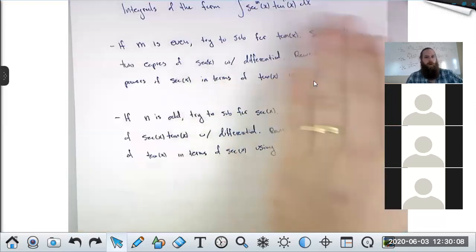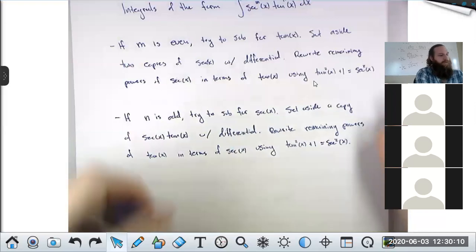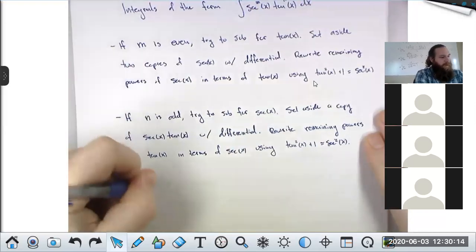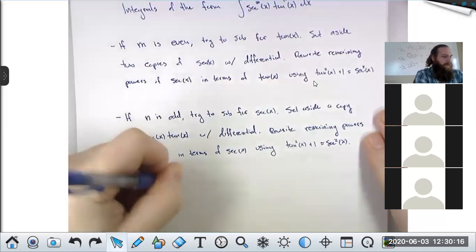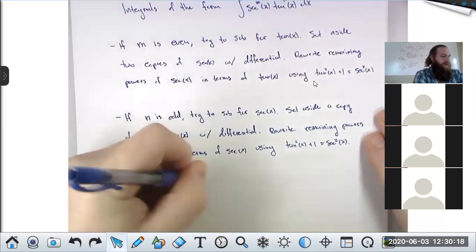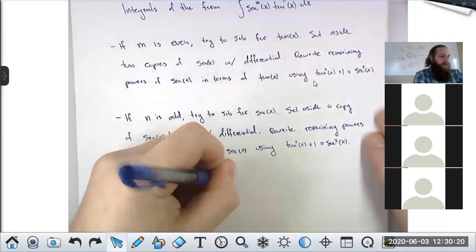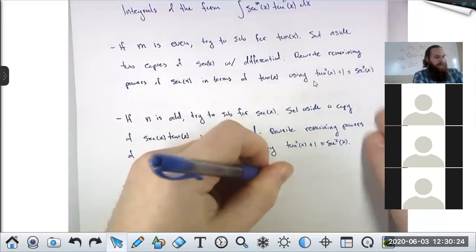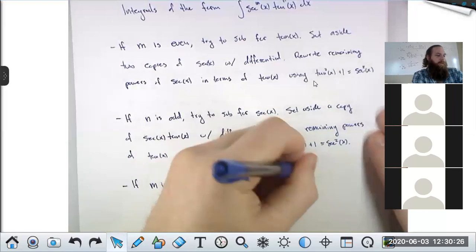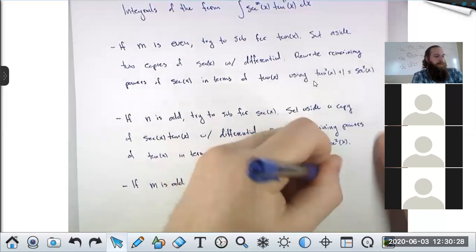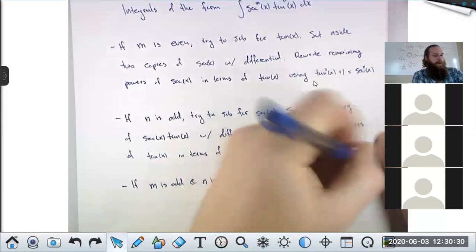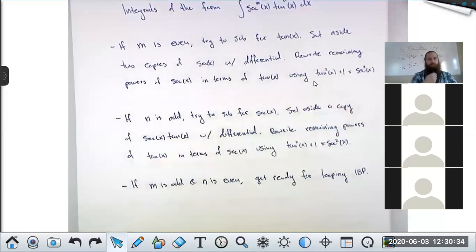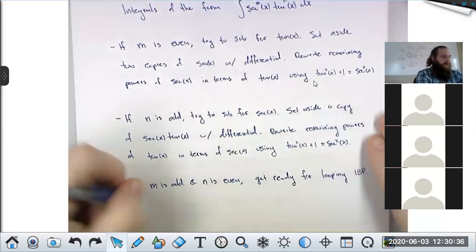First, I want to show you how to do these. So just to make this list exhaustive, if m is odd and n is even, get ready for looping IBP. This is the scary case. Cross your fingers.